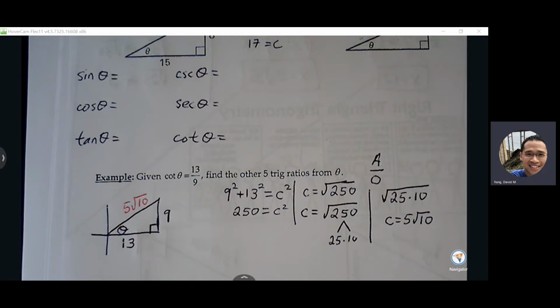Just root 10. Yeah, good question. So if we have a radical.